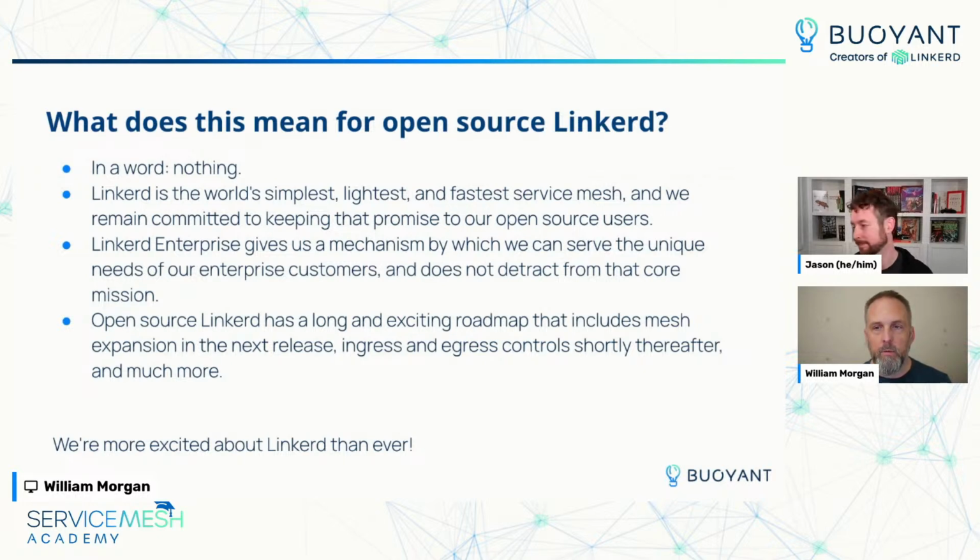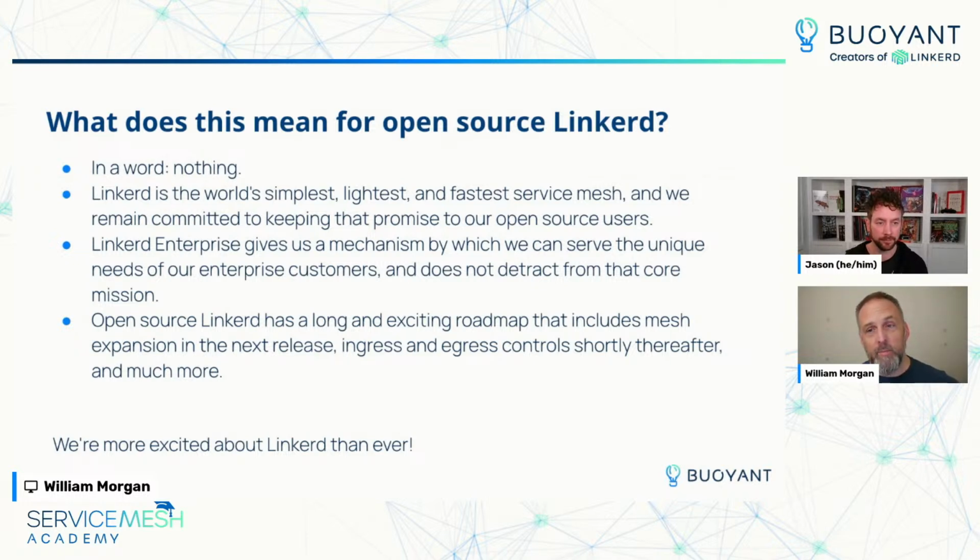I think we're trying to do this the right way. And I want to make sure that we don't ever do a disservice to the open source community just to get something in enterprise. Linkerd is the world's simplest, lightest, and fastest service mesh. That's a promise that we've made to everyone in the community. We're committed to keeping that promise.